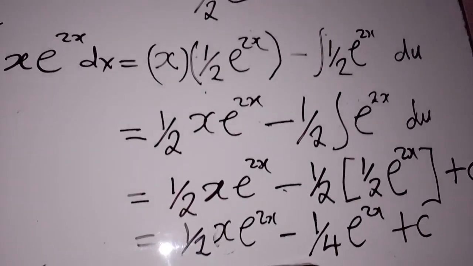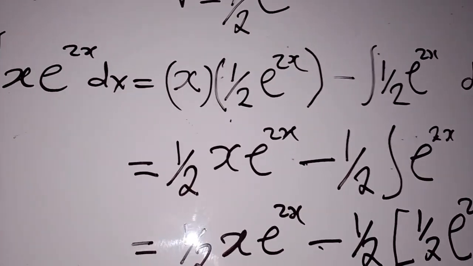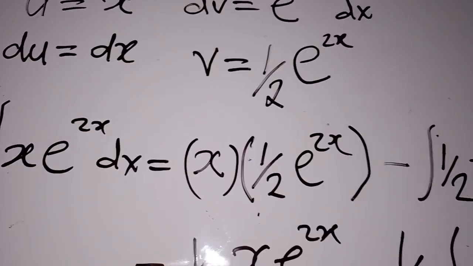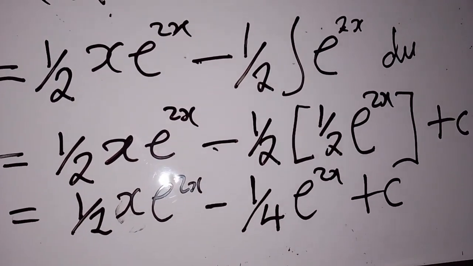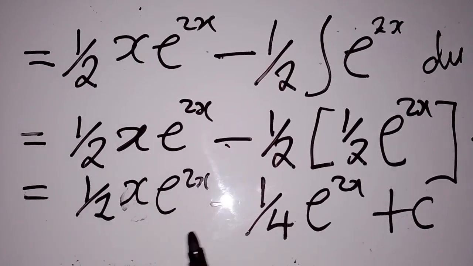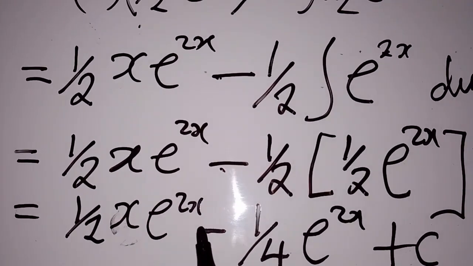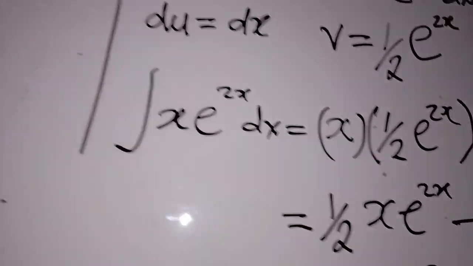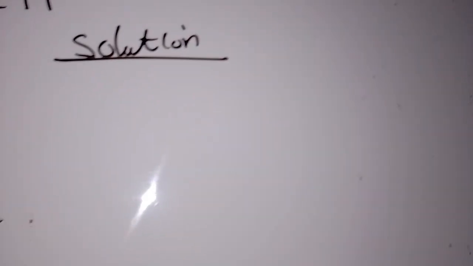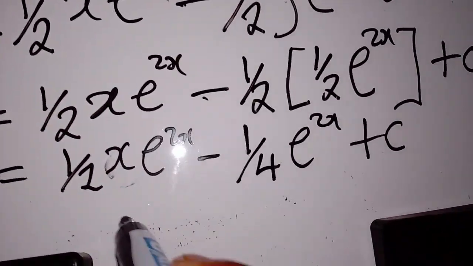But from here, you can as well simplify. If you like, you are having e to the power 2x, which is common. You can leave it there or you can simplify.